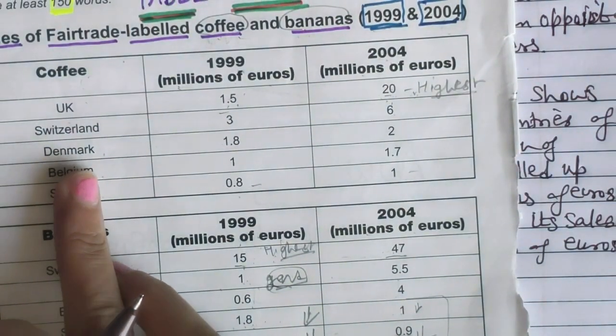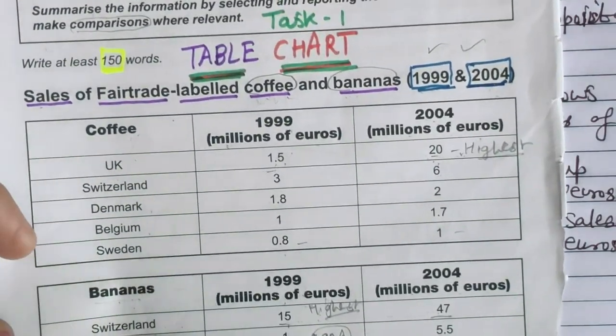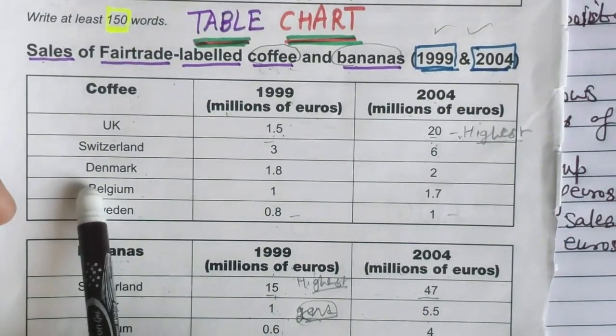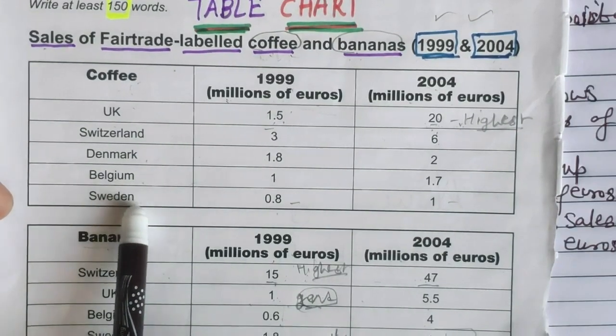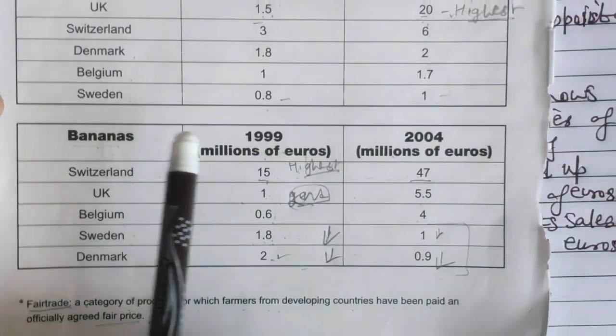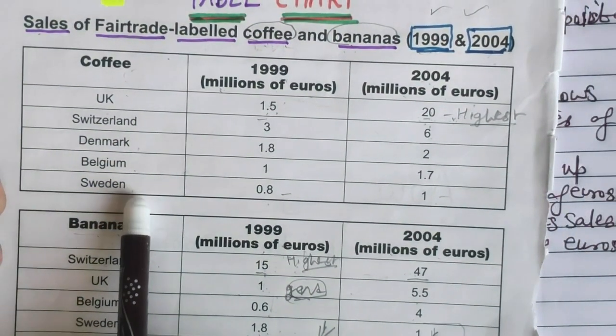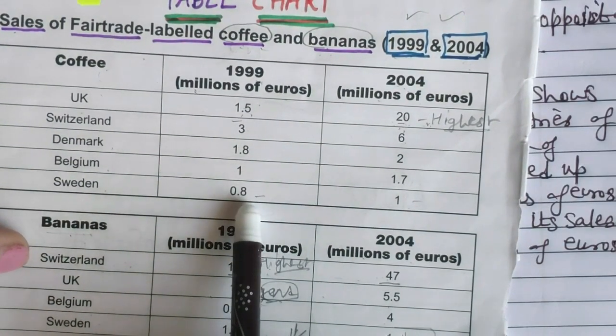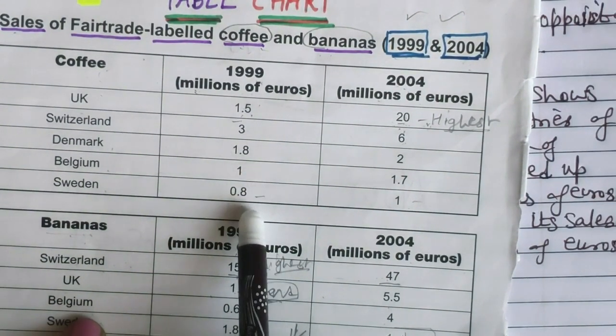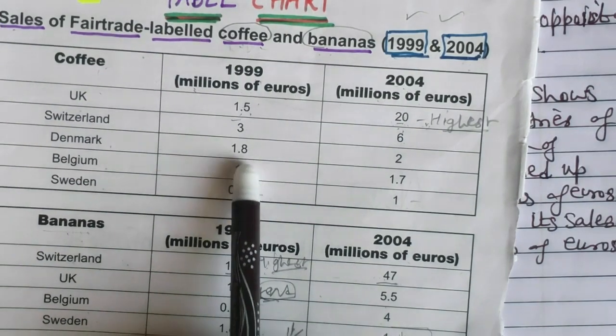So this is for Switzerland. Now what about Denmark? It is not necessary to write each and every detail because the data is too much. So here we can combine these three because they are at almost the same level, 1.8, 1 and 0.8. So not more than 2 they are showing.